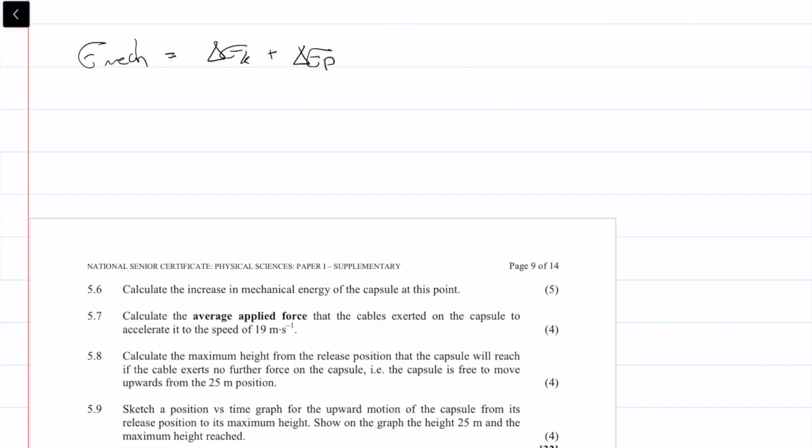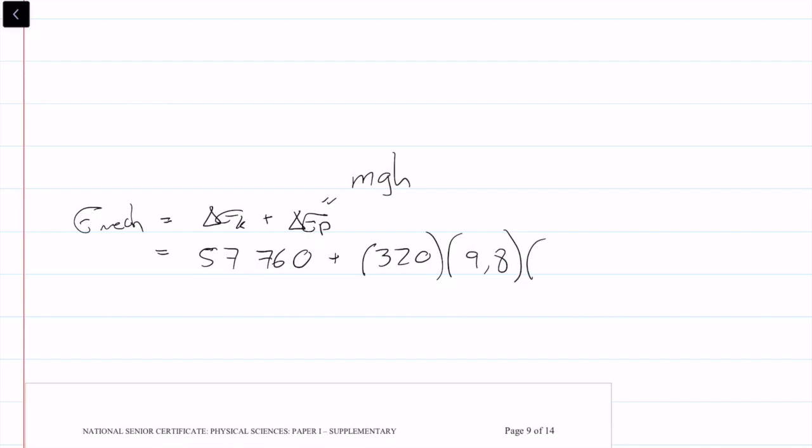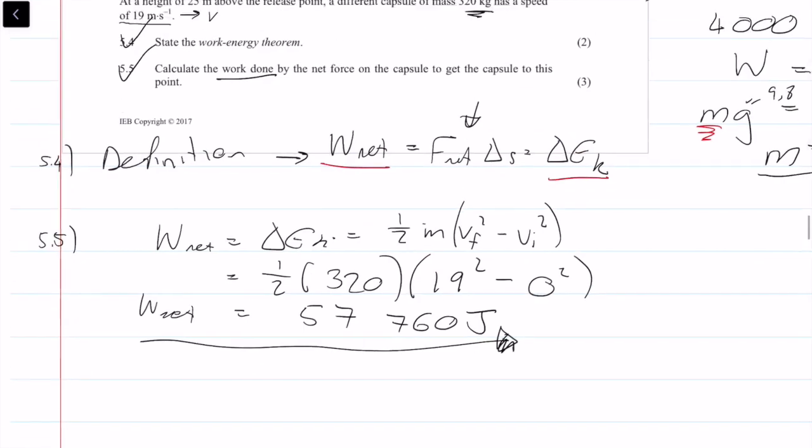EK we've already calculated as 57,760, plus EP, which is equal to mgh. The mass was given as 320. We know the value of gravity is 9,8, the constant, and the height was given as 25 meters, if I'm correct.